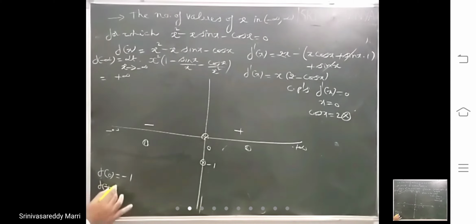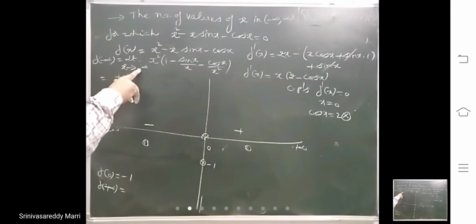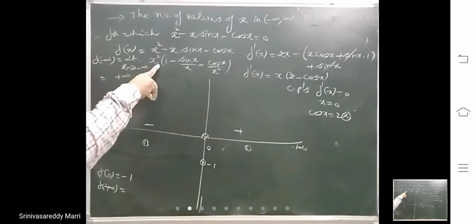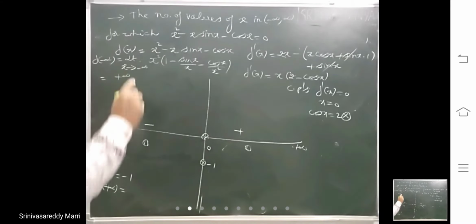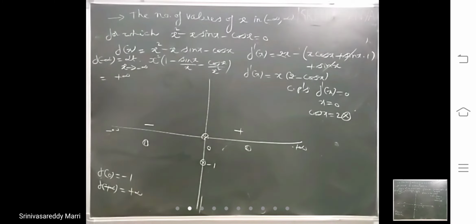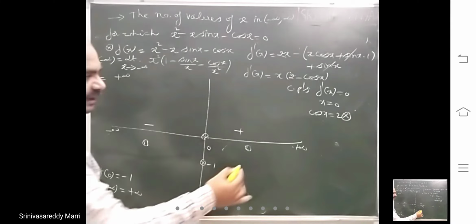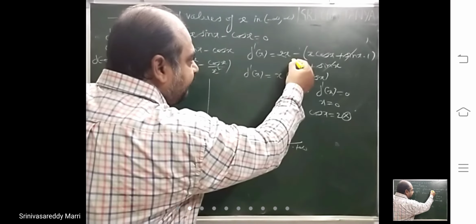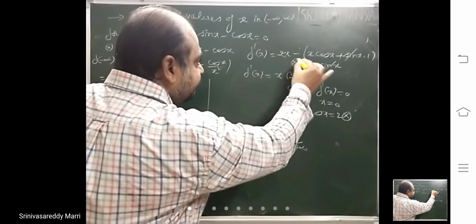Similarly, f of plus infinity. Look at limit x extends to plus infinity. This plus infinity whole square is what? Again plus infinity. That means at minus infinity, the maximum point will be somewhere like this. At f of 0, minus 1, and at plus infinity again plus infinity.